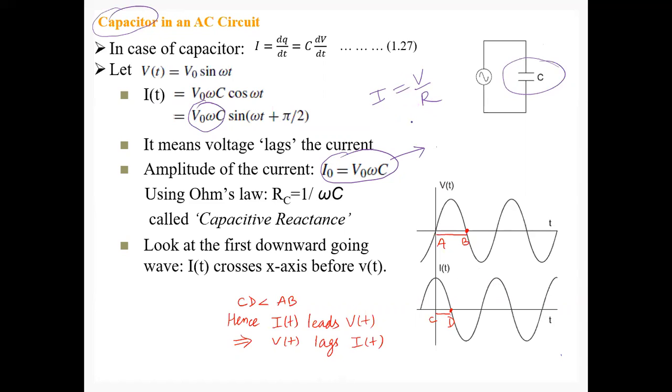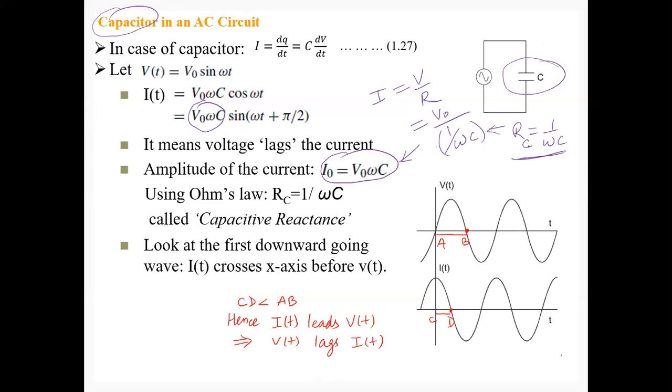Now how do I write this in terms of this? Can I write this as V0 over 1 over omega C, so that I get this? In this case, my R is 1 over omega C. Do you see that?